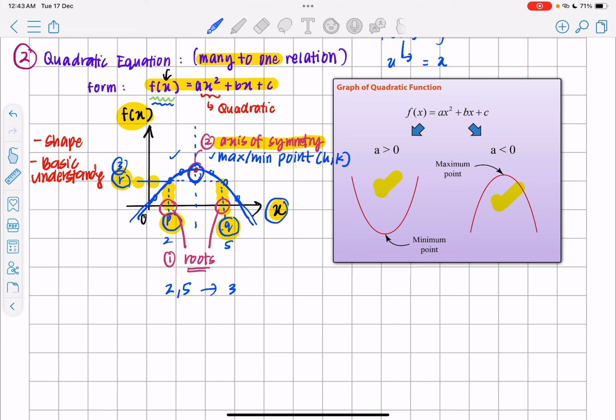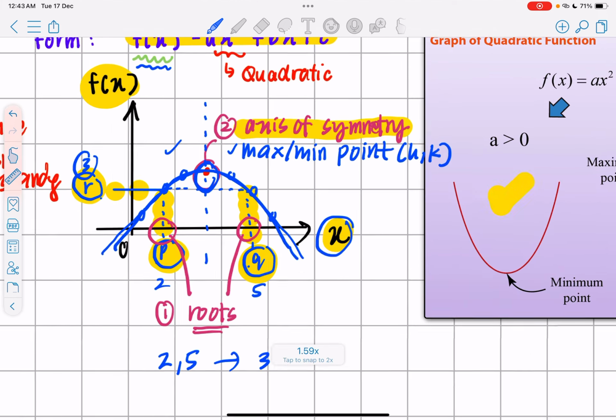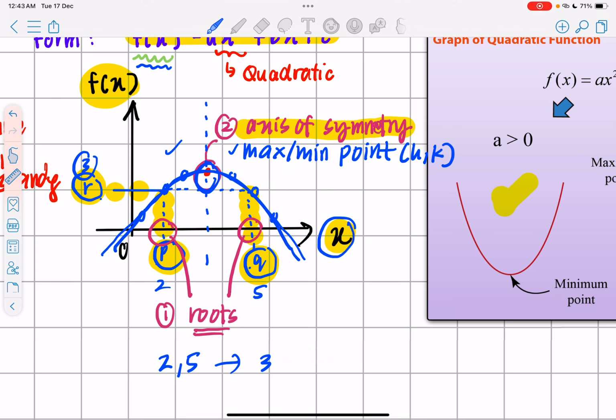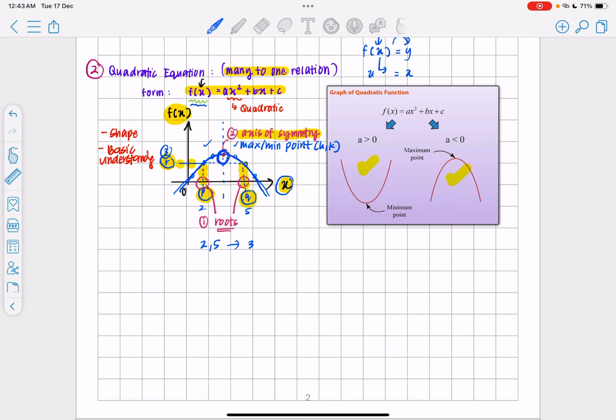Okay, and then we learn about axis of symmetry, and then on the axis of symmetry, the point which touches the graph ataupun the line lah kan, the curve, is the maximum or minimum point. Okay, how we want to know its maximum, how we want to know its minimum. I'm gonna draw.